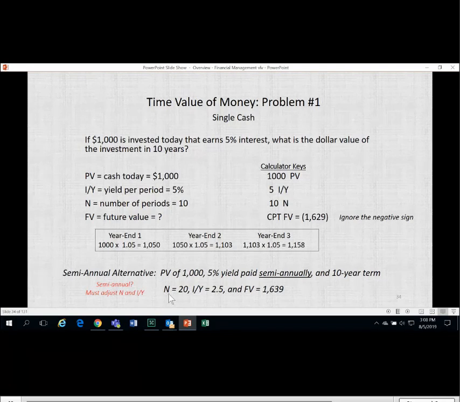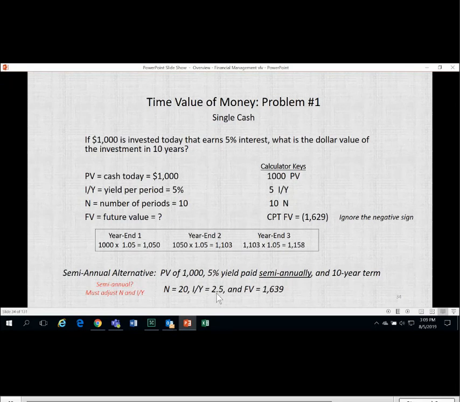So we have to change N to 20. And what is our yield per payment period? Remember, IY is the yield per period. Well, if we're getting 5% per year, then we're getting paid 2.5% each 6 months.